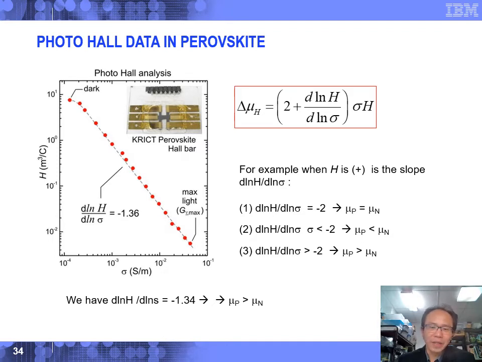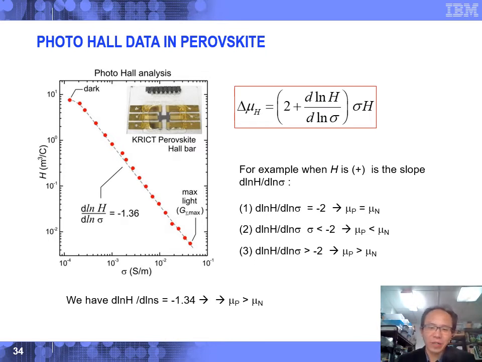From the slope of this H versus sigma curve, and given this formula, you could calculate the mobility difference. In fact, the interpretation is also simple. First of all, the slope is always negative. If the slope is close to -2, delta mu will become 0, and you can tell that the hole and electron mobilities are equal in that situation.